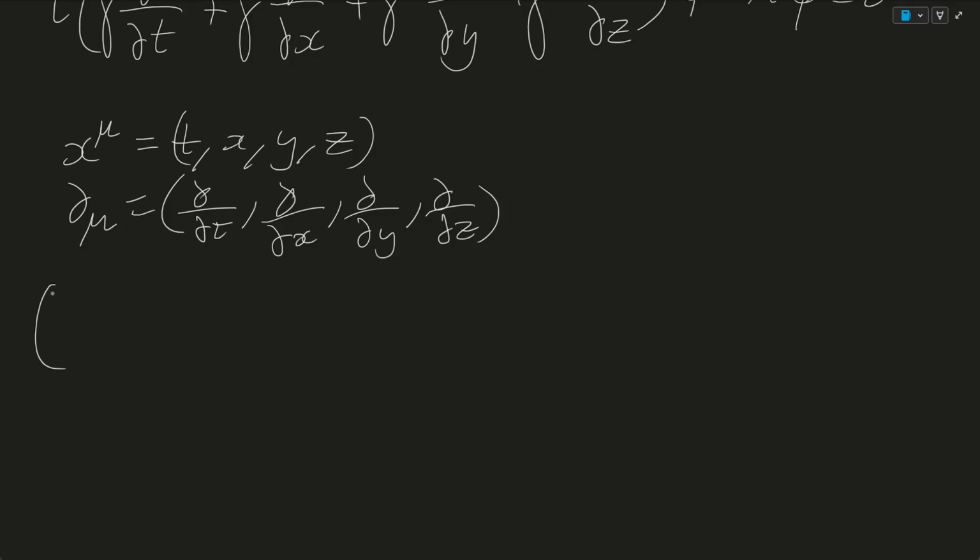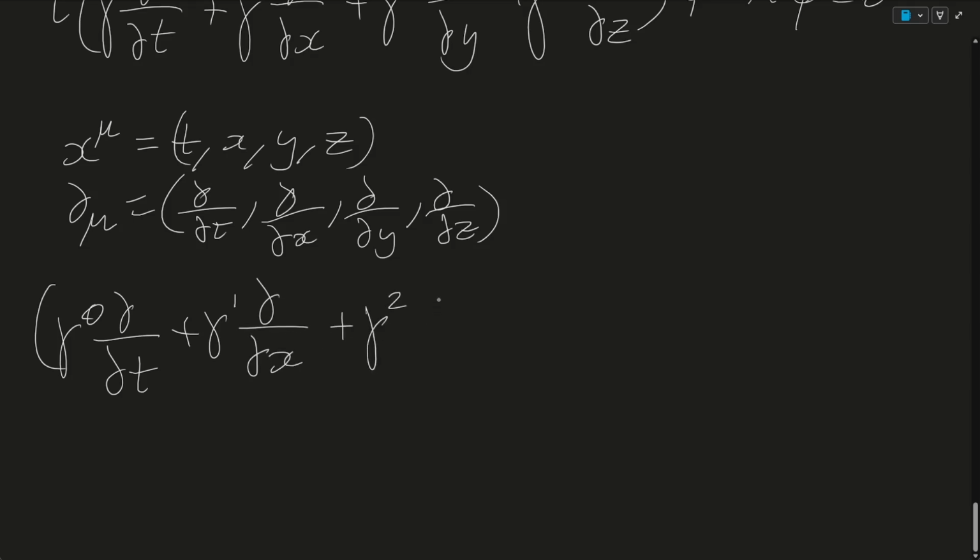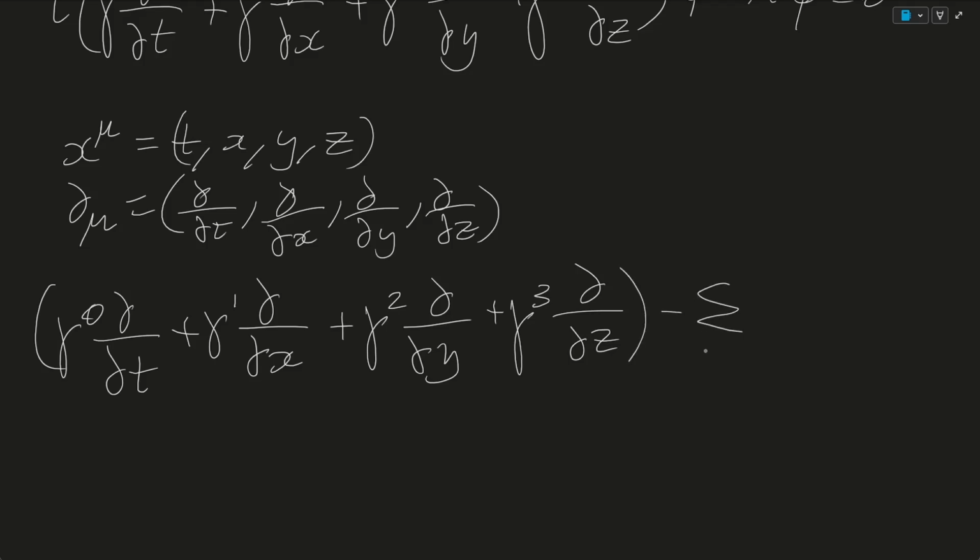Gamma 0 times the partial with respect to time, plus the first gamma partial with respect to x, plus the second gamma partial with respect to y, plus the third gamma partial with respect to z, is equal to the sum from mu equals 0 to 3 of gamma mu partial sub mu.